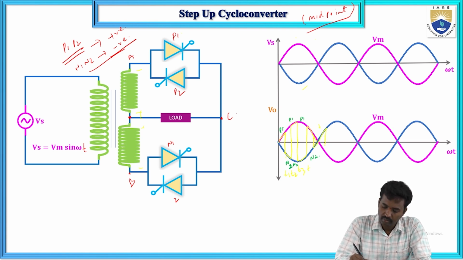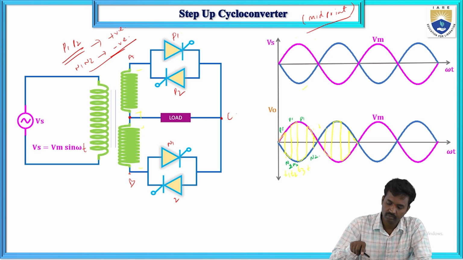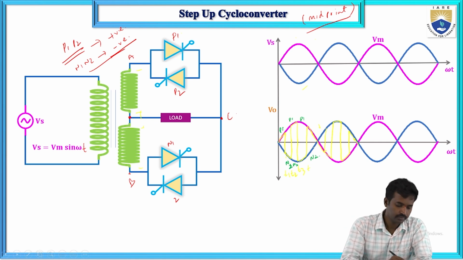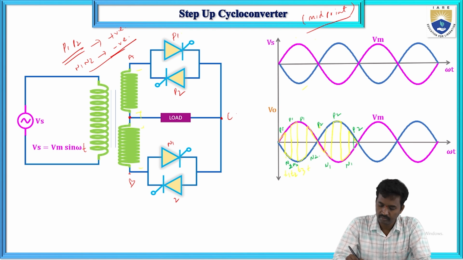This is P2, sorry, P2 and N1, and next this is N1, and this one is P2, and again N1.